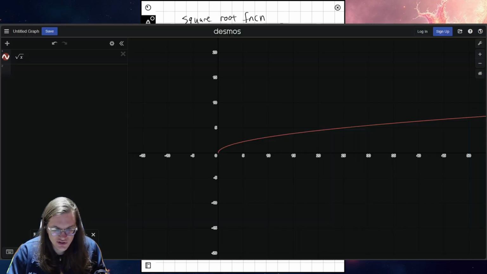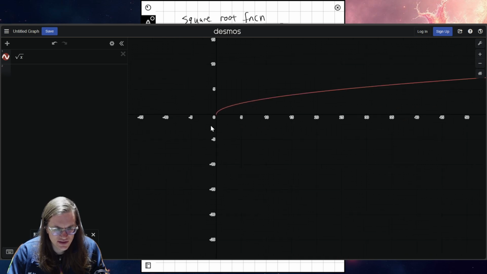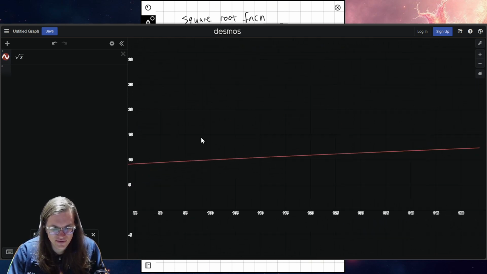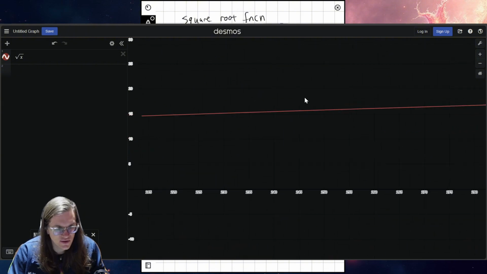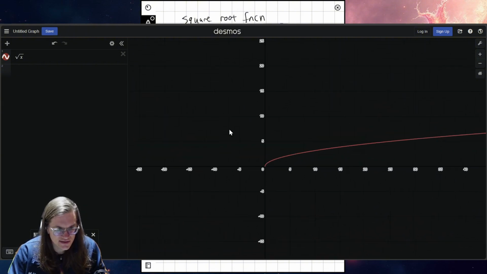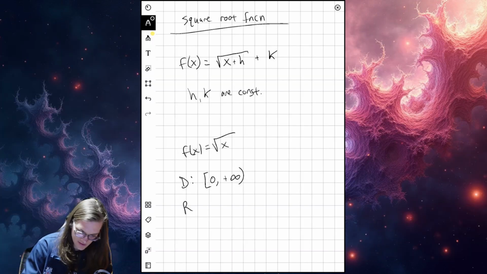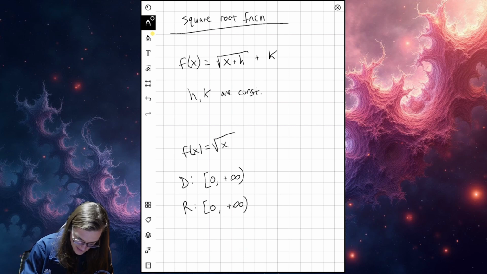And the range, same idea, just by inspection. It's not going to have any y's over here that are less than 0. All the y's are going to be up here. And the graph just continues to rise, going in the y direction positively. So we'll say it goes to positive infinity. So range is 0 to positive infinity.